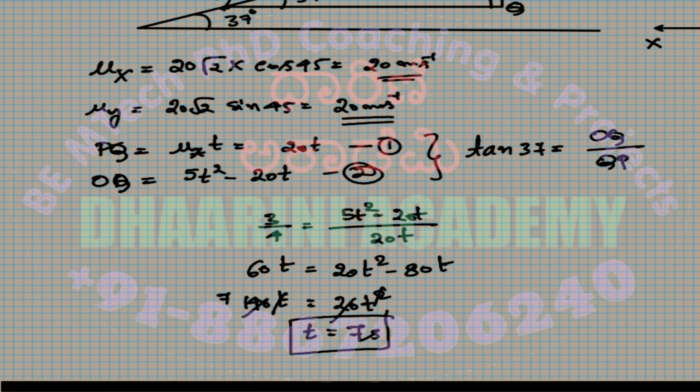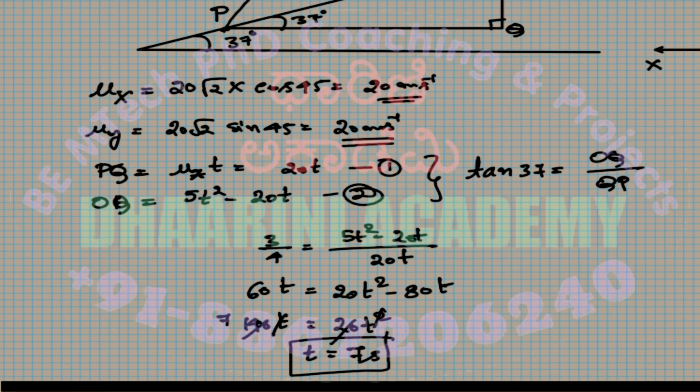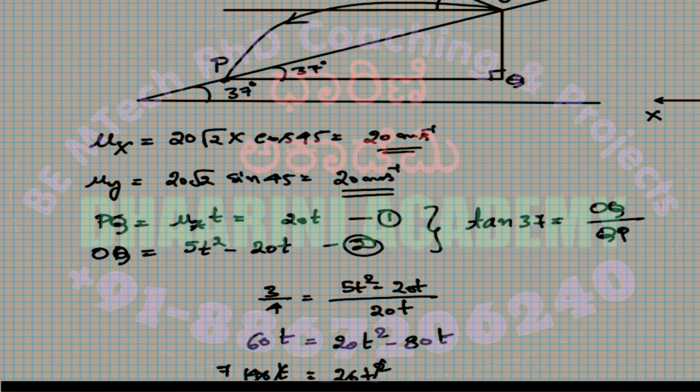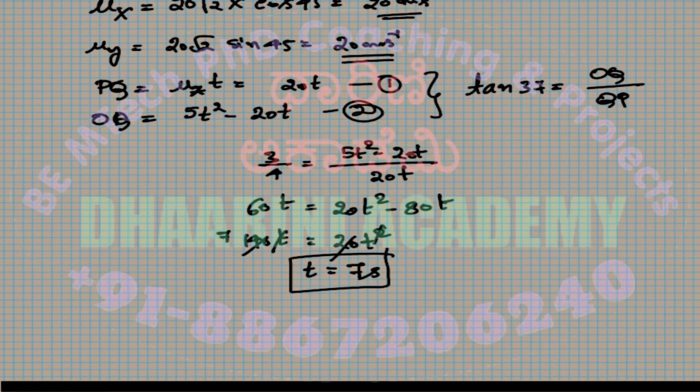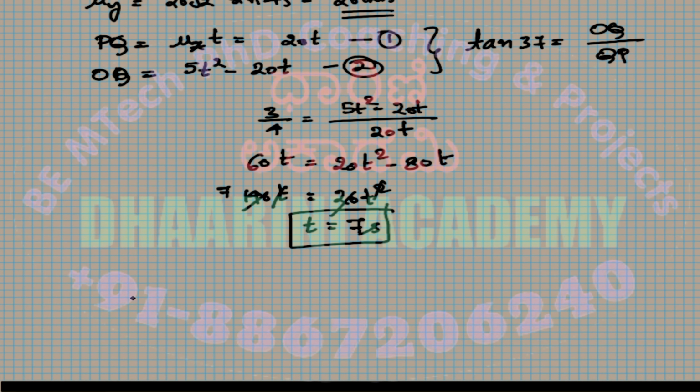All right, now our intention is to calculate the OP, which is the range. So this implies OP is equal to, I just have to use the PQ divided by cos 37. This has to be substituted at t equal to 7 seconds.